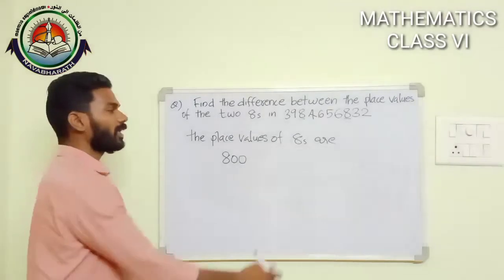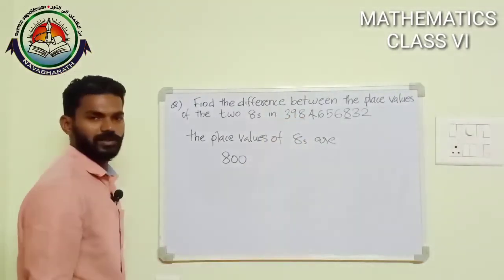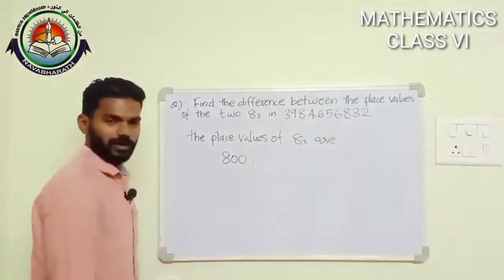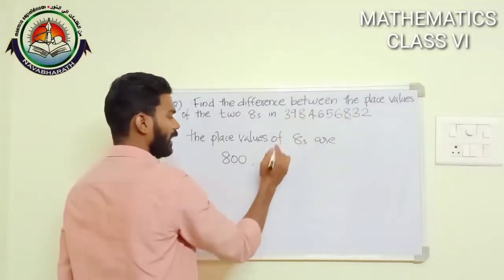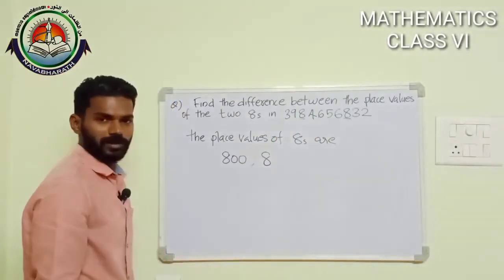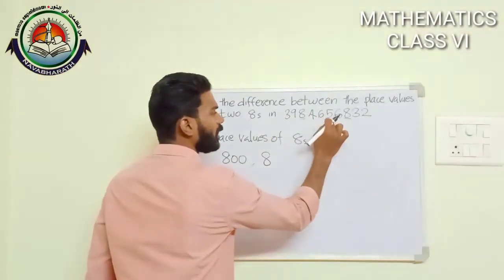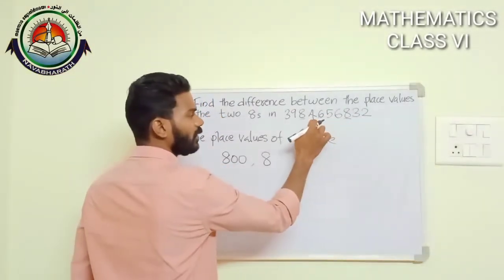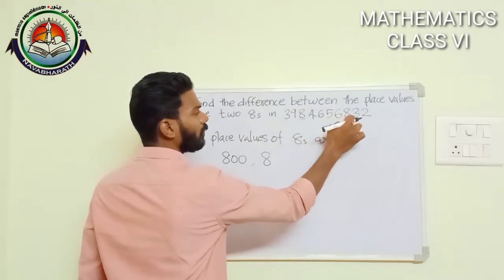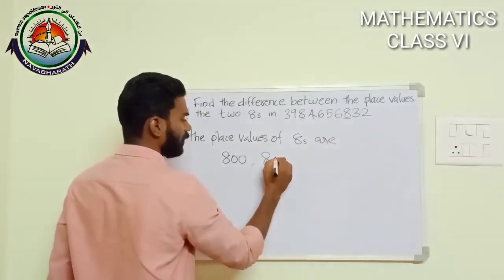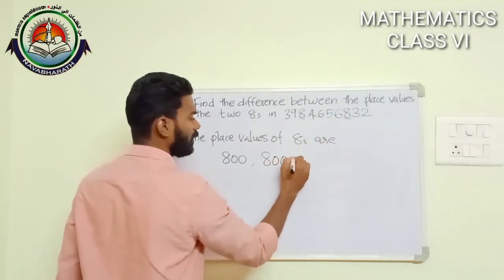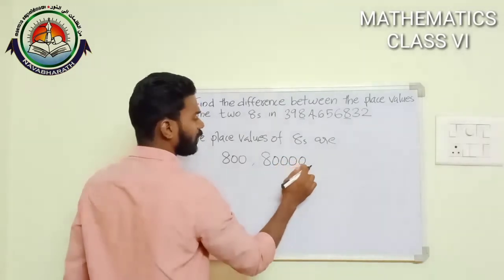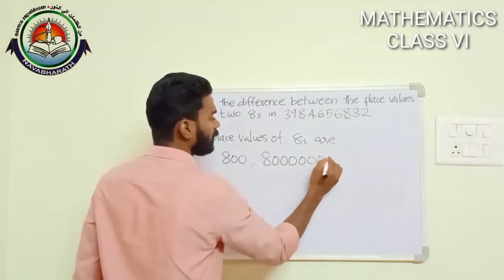And what would be the place value of this 8? For that also, we first write 8, then write all the remaining digits as 0. How many digits are remaining? 1, 2, 3, 4, 5, 6, 7 digits. All 7 digits must be 0.